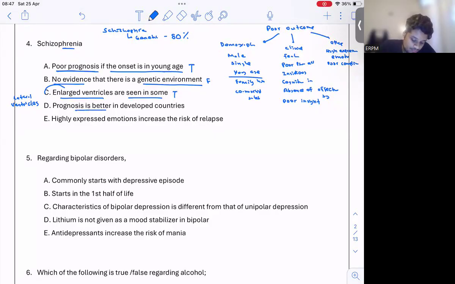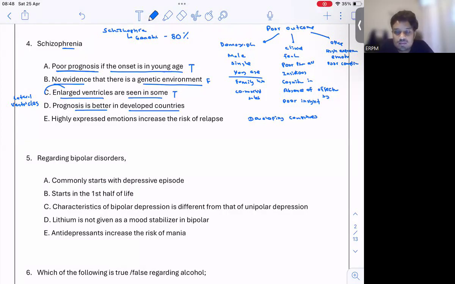Prognosis is better in developed countries, and that's false. What studies show is the prognosis is better in developing countries, rather than developed countries. Why?